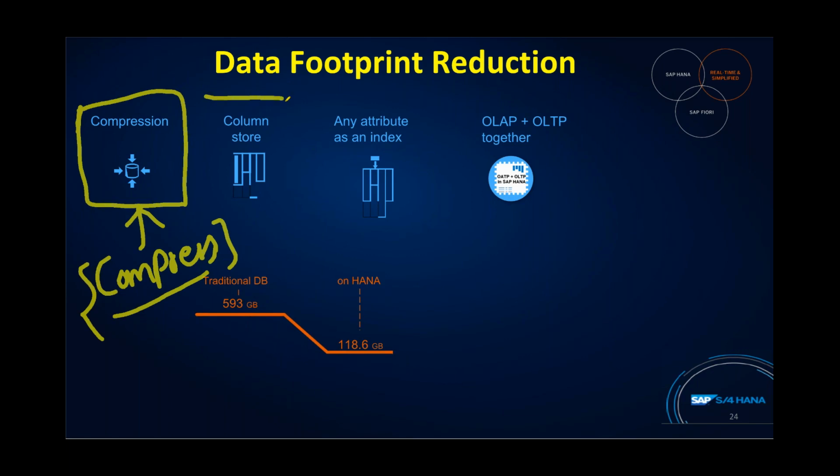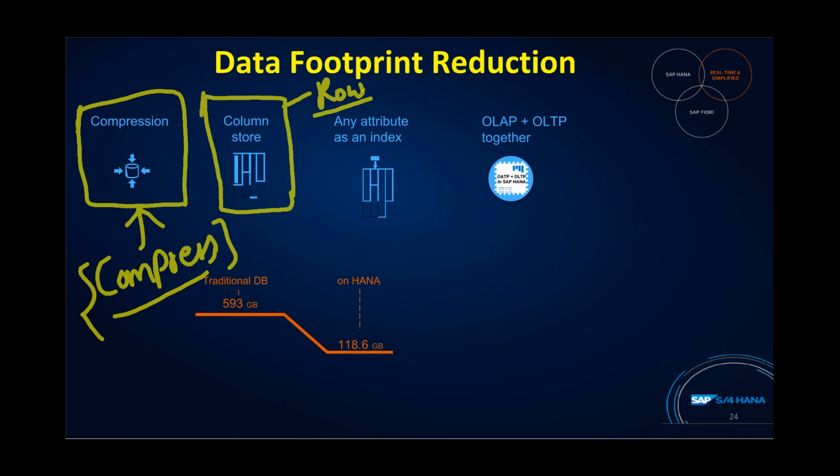Then, the HANA database has a column store. HANA is an in-memory database which can support both row and column store. There are only a few in-memory databases available in the market which can do that.